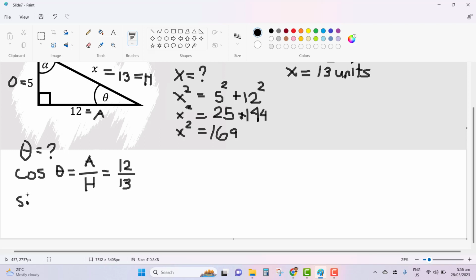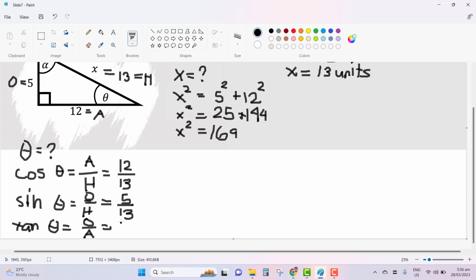Next, we can solve for sine of theta. Sine uses the ratio of opposite over hypotenuse. The value for the opposite side is 5, and you will have 13 as your hypotenuse. And third, you'll have your tangent theta, which uses the ratio of opposite and adjacent.